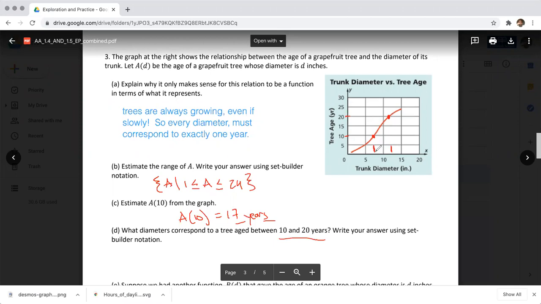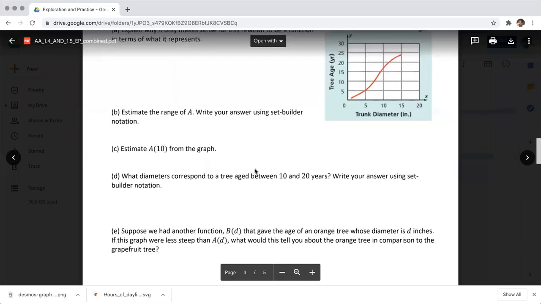And it looks like to me that that's between about 7 and 12. So we'd say D such that 7 is less than or equal to D, which is less than or equal to 12. So those are the diameters that correspond to those ages. Okay, that's clear, and scroll down.